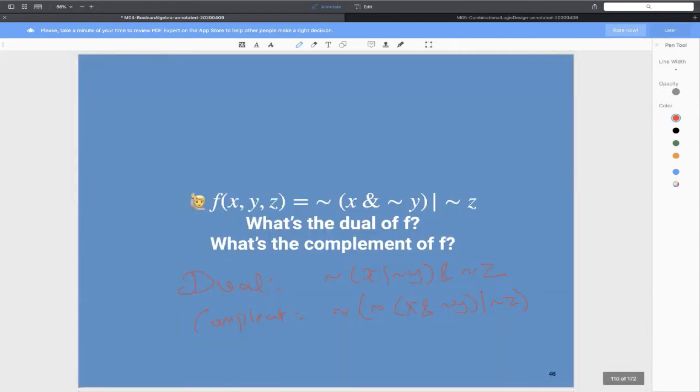So I could also write it as not of not x, then not y, and not z. So it would look like this, and you should be able to prove that the two are equivalent. I can write it either way. The duality property tells us that that would be the case, but you can convince yourself about this.